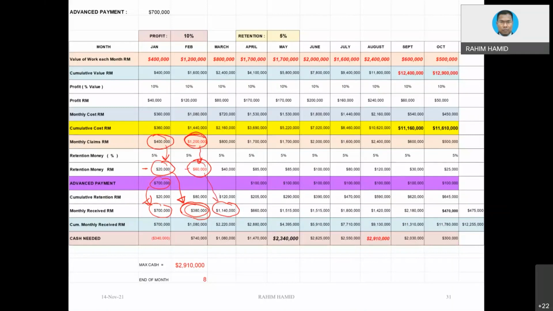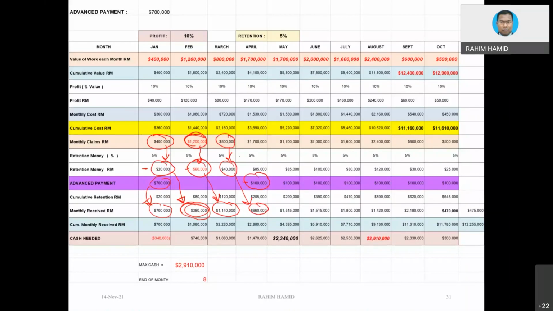See? So similarly, how do you get 660 there? Based on 800, you have to deduct with this thing first, then only you get this thing. 800,000, you deduct with this thing, you will get 760. But now it's 660. Well, you notice that there is one deduction, negative 100,000.